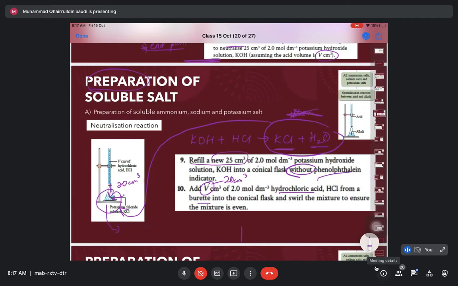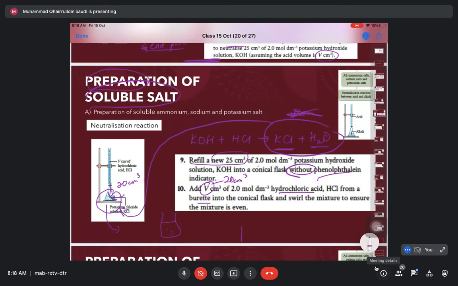Okay? So because this is soluble salt, awak nampak tak ada salt dalam conical flask awak tu? Awak nampak salt dalam tu? No. Why can't you see your salt? Because it already bercampur dengan water. Yes, because it is soluble in water.